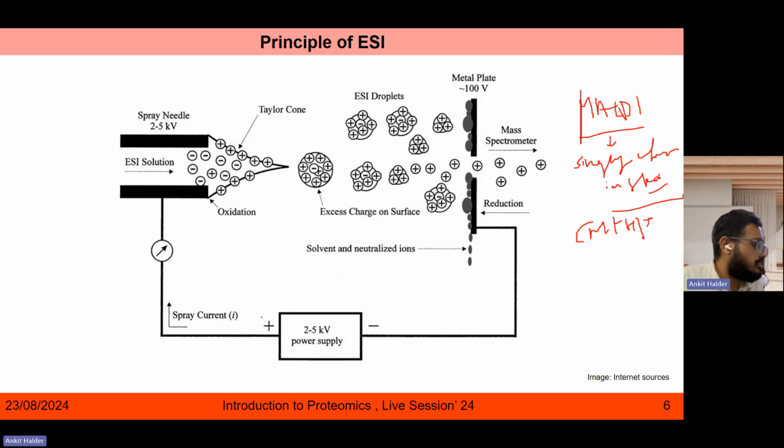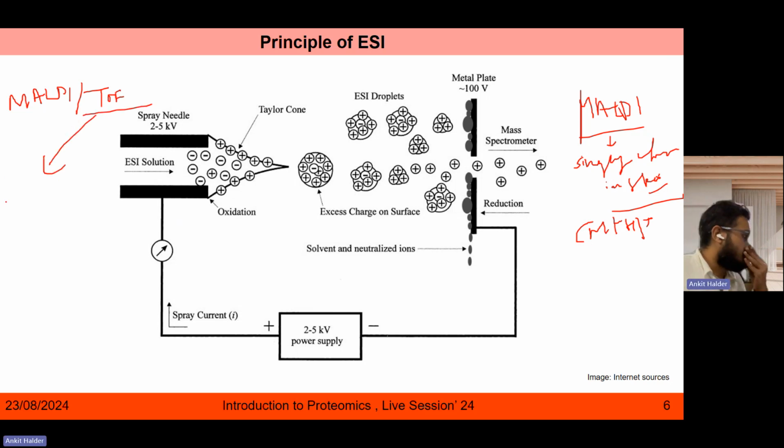So for instance, we will be talking about the different mass analyzers, but in that particular article and the video which we were seeing, it was telling about the principle of multi-TOF, right? So if I talk about TOF, we will have a few slides about the principles in great detail.